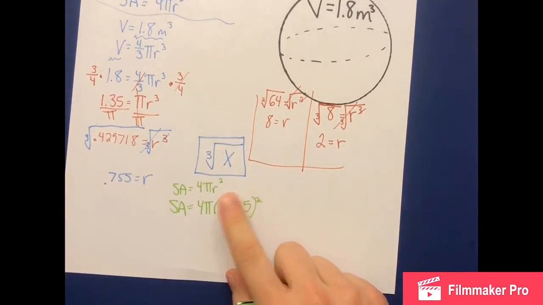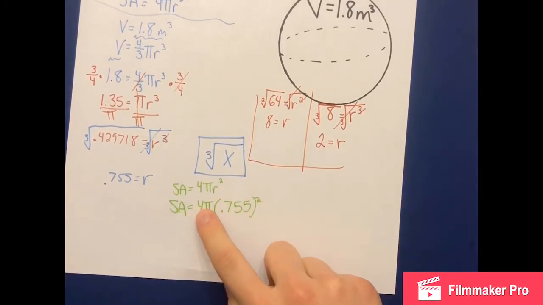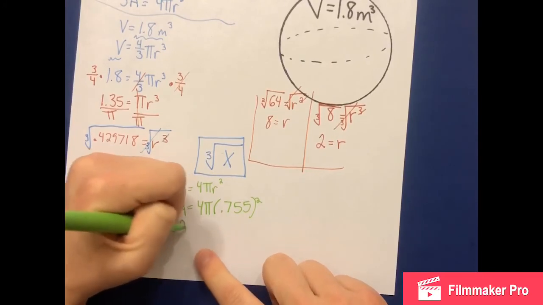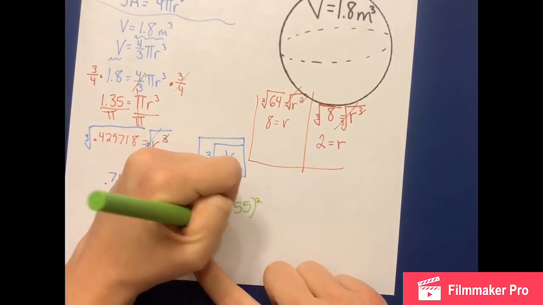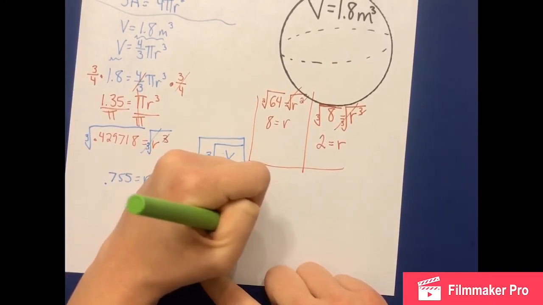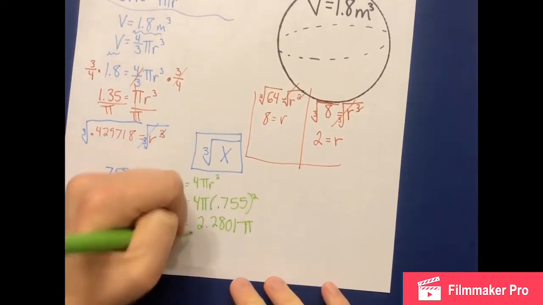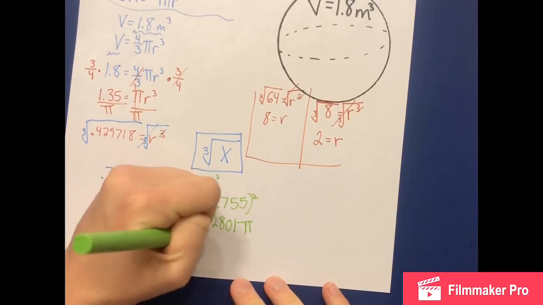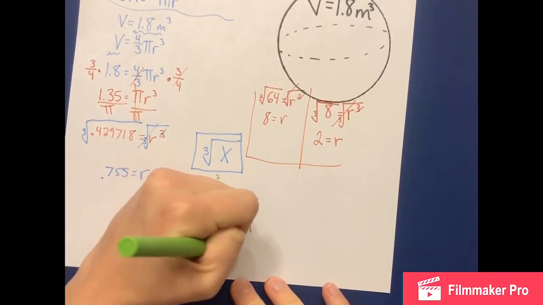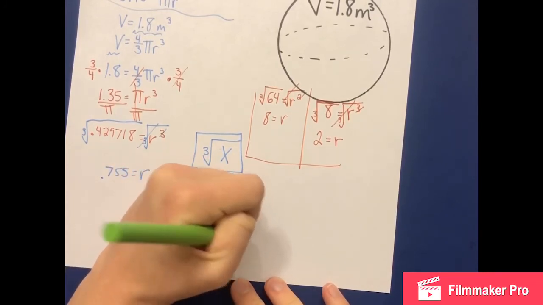I squared this and then multiplied it by 4 to get 2.2801 pi. Now multiply it by pi. I get surface area equals 7.16 meters squared.